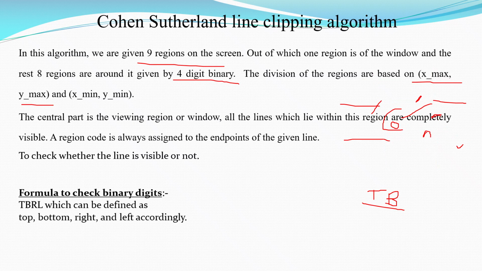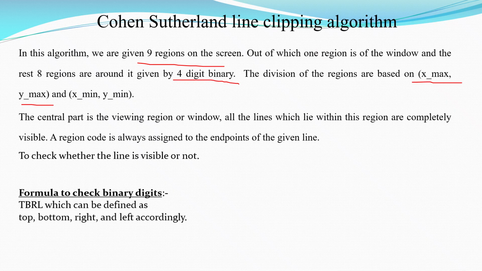Remember this: we are assigning a 4-digit binary number to the endpoints of a given line. With the help of an example we can easily understand. It is an easy concept to learn, and bear with me to check whether the line is visible or not.